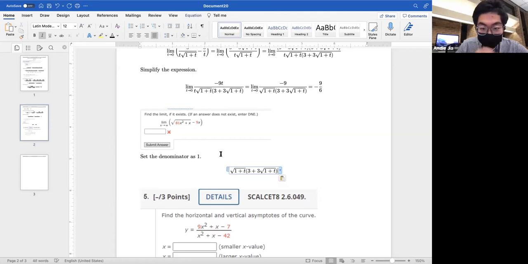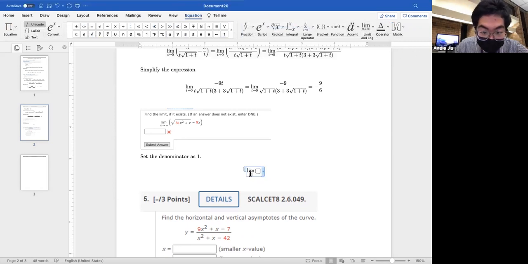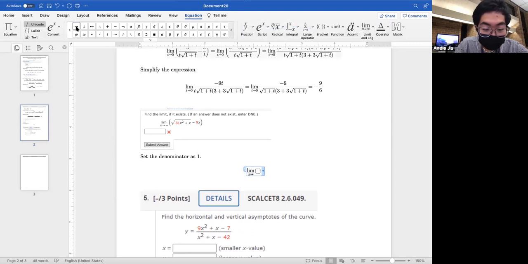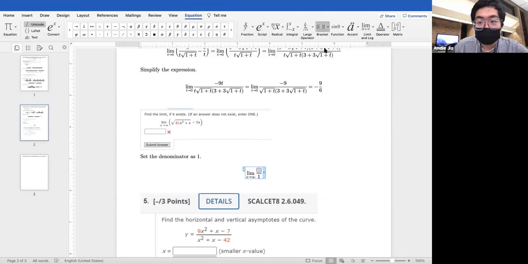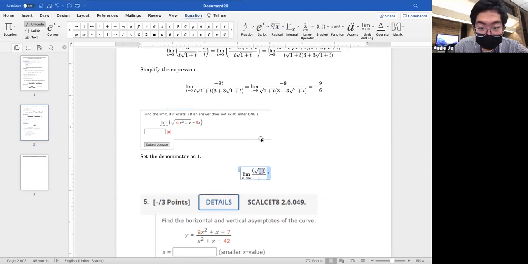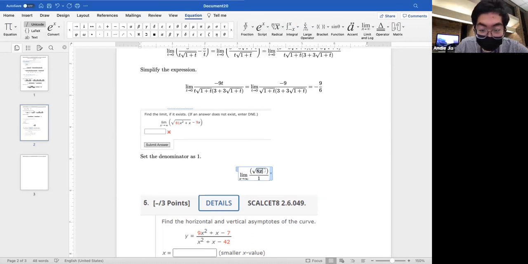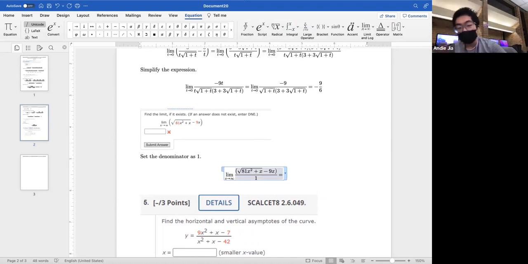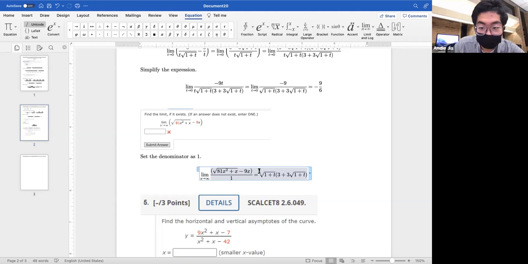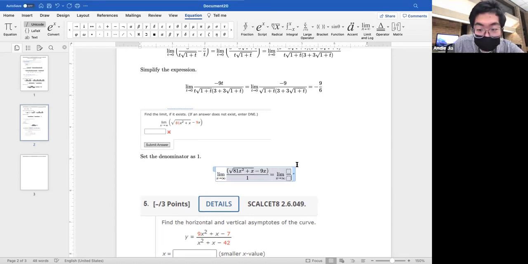Evaluate the limit as x approaches infinity of 1 over this kind of mess. Conjugate, and know the trick.